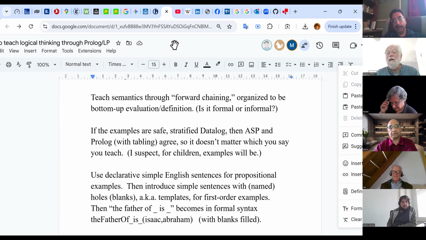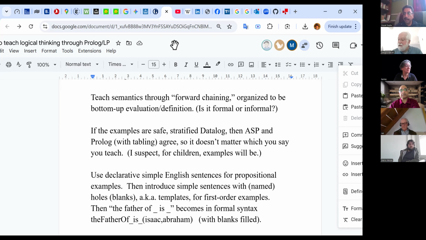And then with implication, it seems to me very natural to teach modus ponens. If we know A implies B and we know A, then we conclude B. That is a relatively simple forward chaining thing. You know a fact, you know an implication of that fact, then you know the implied fact. And then you can chain that.